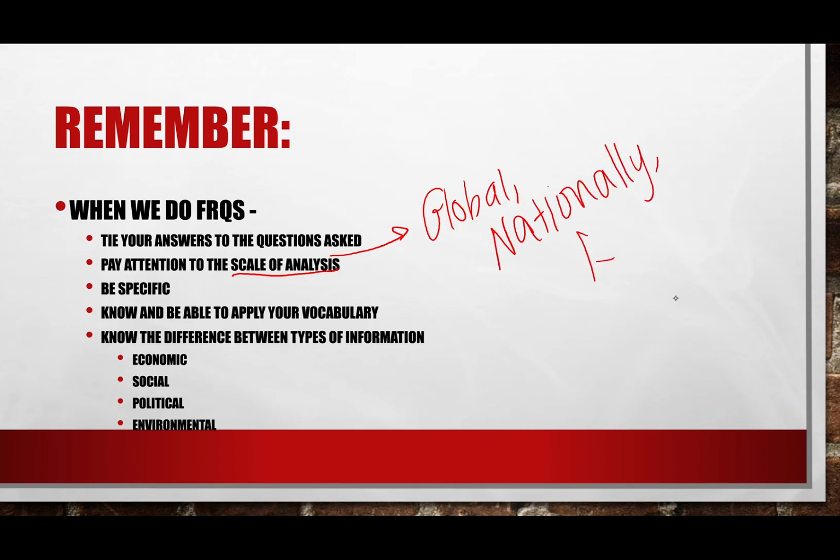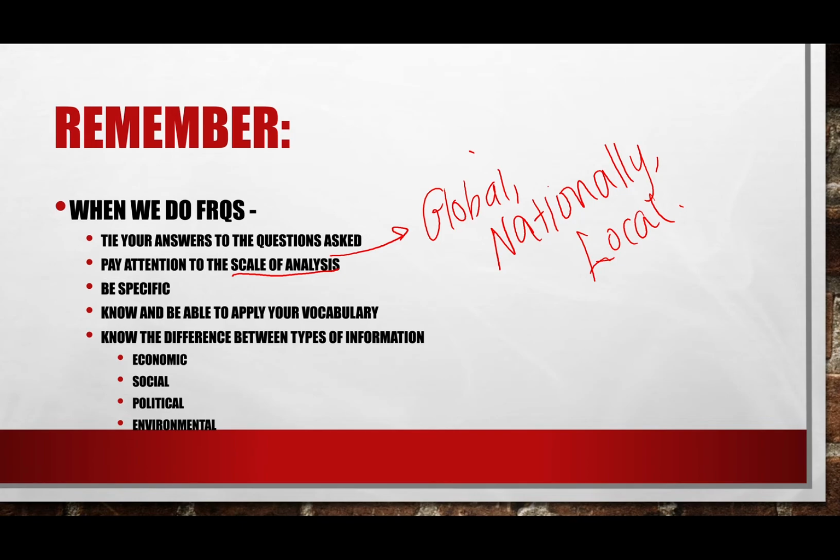Make sure you pay attention to that scale of analysis, because that's going to be a big difference if you're talking about Mexican food in Edinburgh, so at the local scale, versus Mexican food on a global scale, right? You're going to see it a lot more locally than you are going to see it in Malaysia. Okay, so those are things that you got to be aware of.